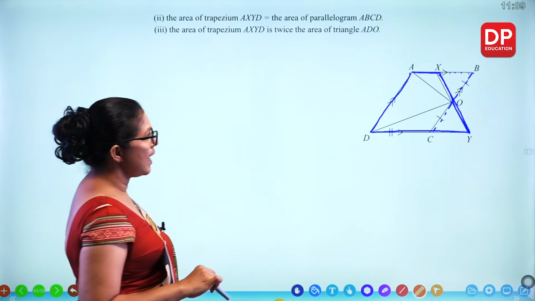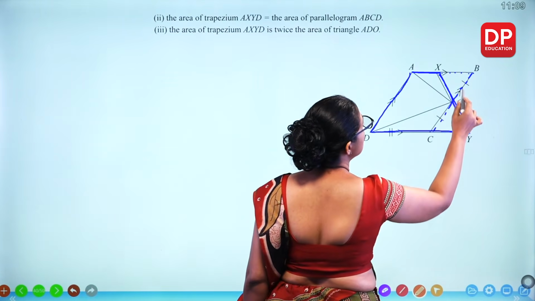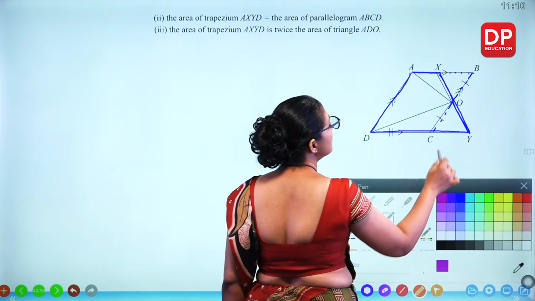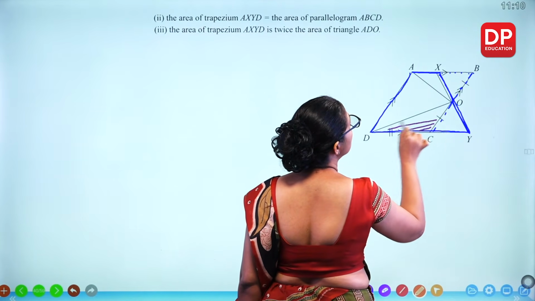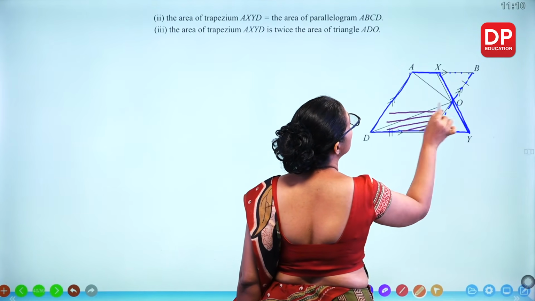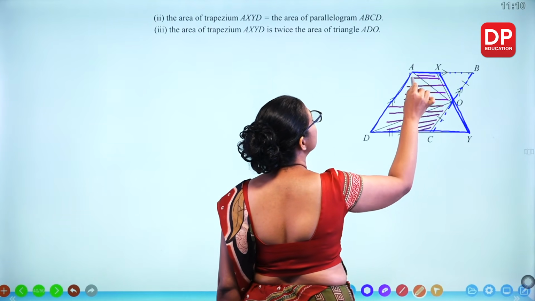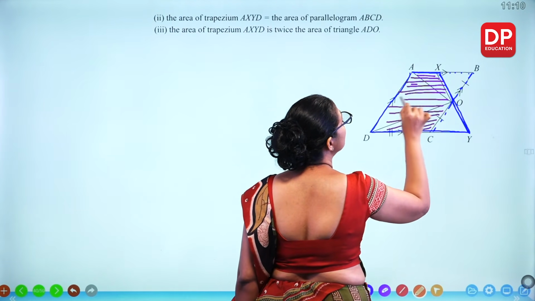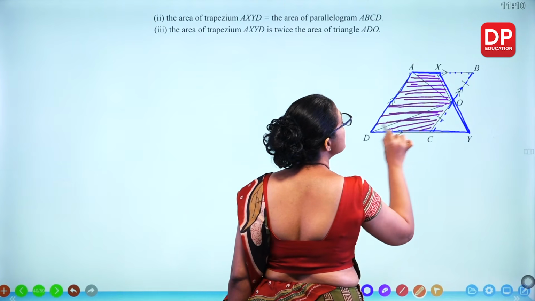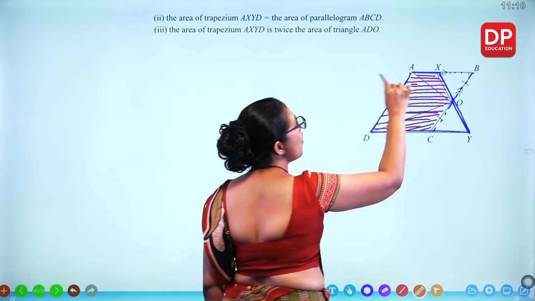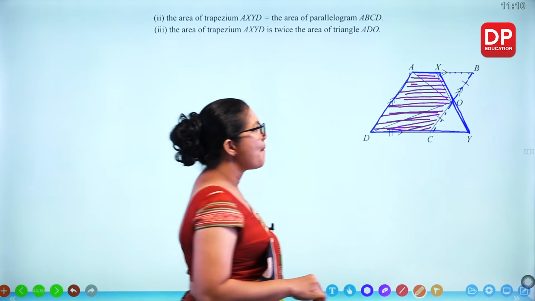Now when you take this part, what can you say about this part? How many sides are there? 1, 2, 3, 4, 5. It's a pentagon.